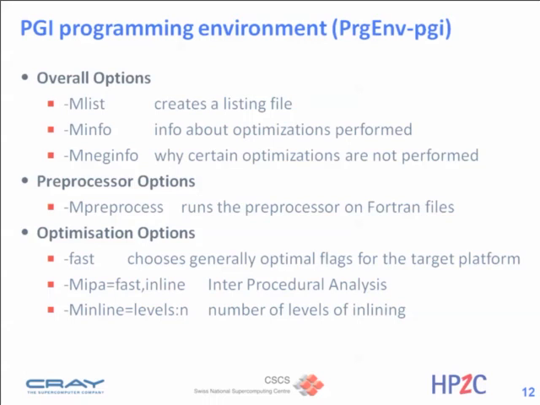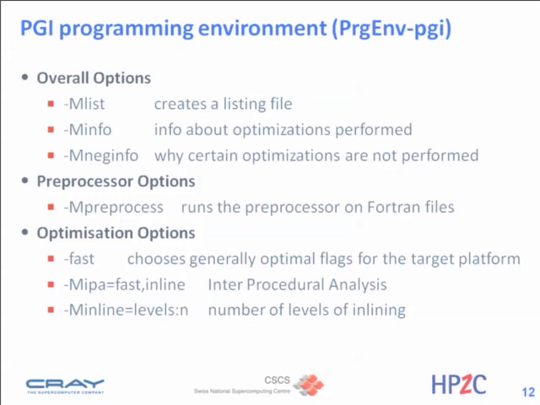It's not producing a listing by default. So you need to ask for a listing file with the -Mlist option. With -Minfo, you get information about the optimizations that have been performed. And with -Mneginfo, you get the information that Neil was mentioning before. So you get information about why the compiler wasn't able to optimize the code.